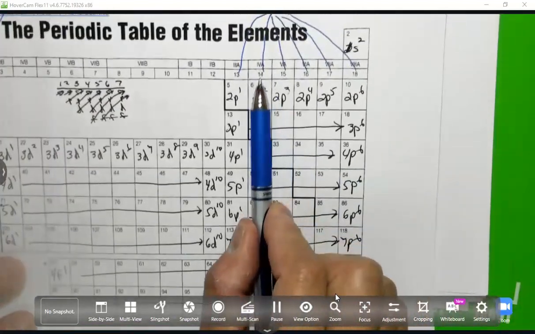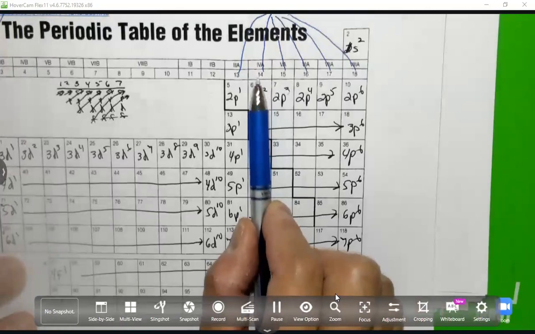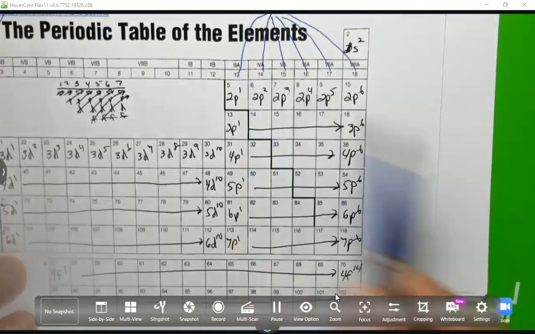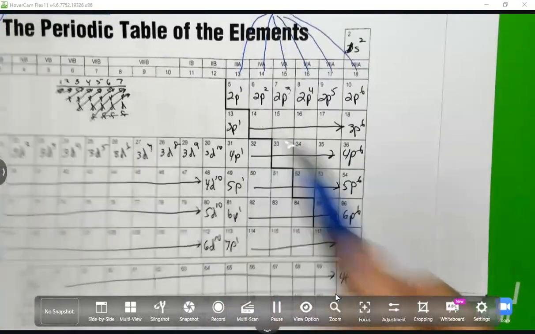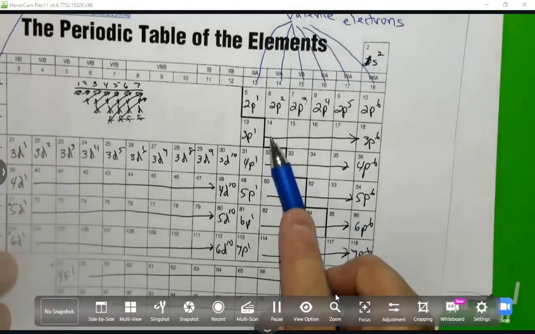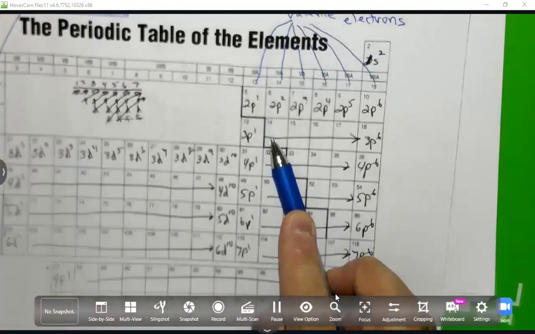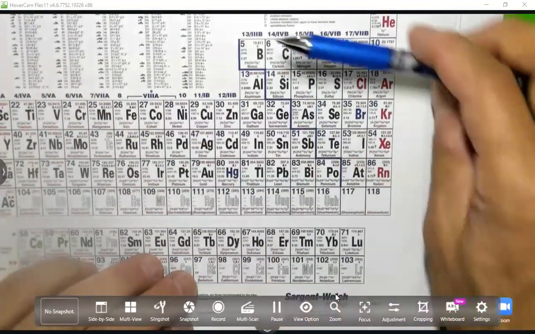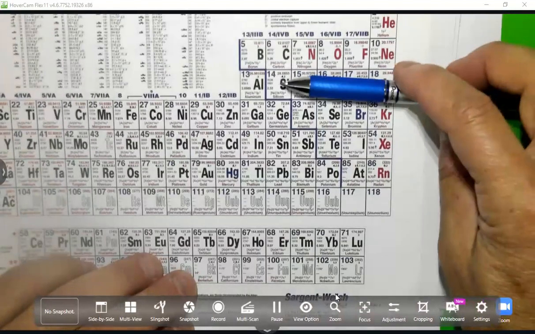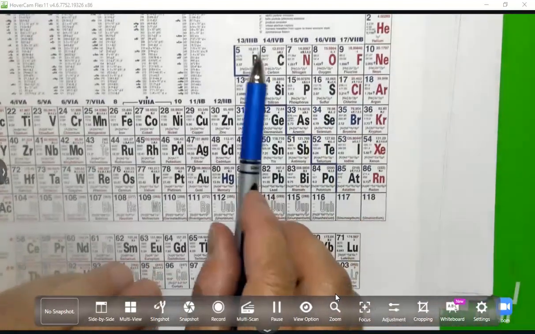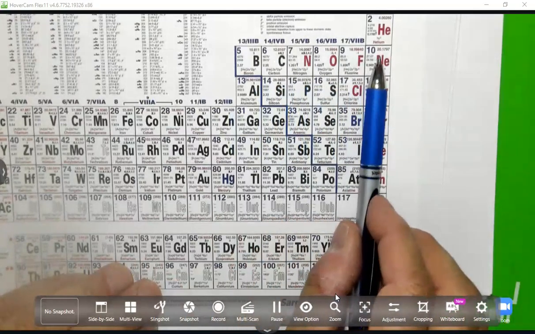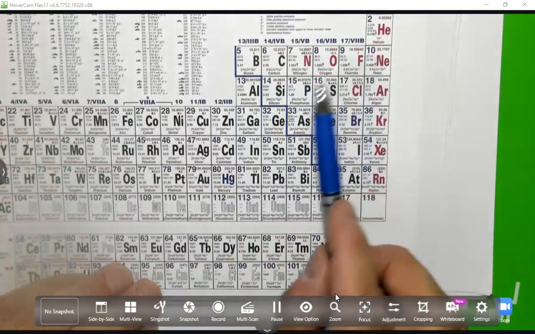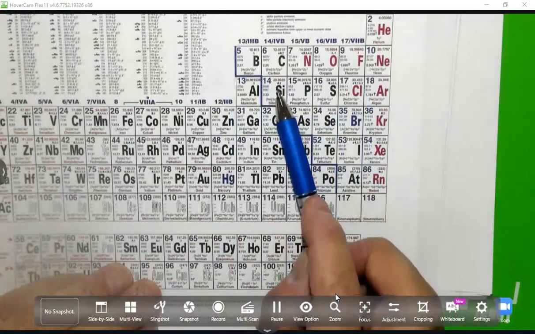It has to be in this column. It has to be in group 14, right? And 3p2 would be this one right here. Remember, this is p1, p2, p3, p4, p5, p6, right? So if it ends at 3p2, it's right here.